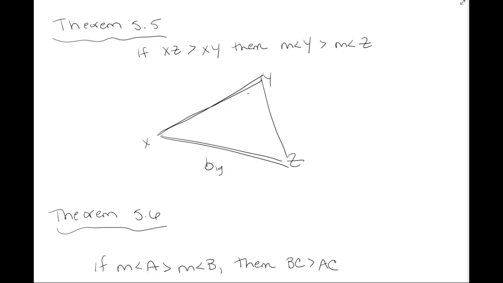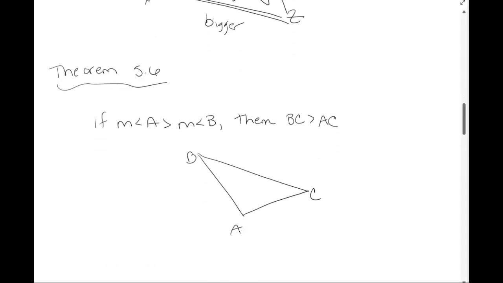So if this side is bigger and this side is smaller, then the angle opposite is going to be bigger than the angle opposite here, which is smaller. So bigger angles go with bigger sides. Okay, smaller angles go with smaller sides. All right, we're going to come back to that.